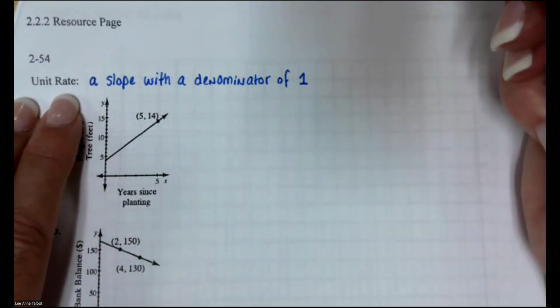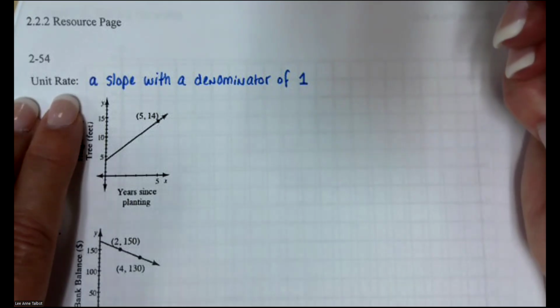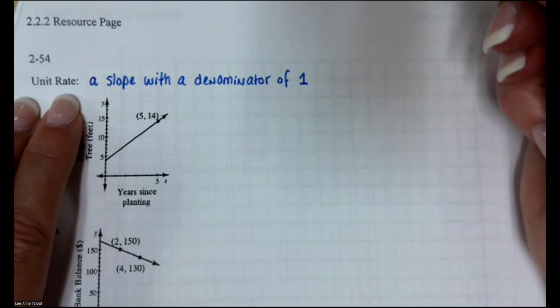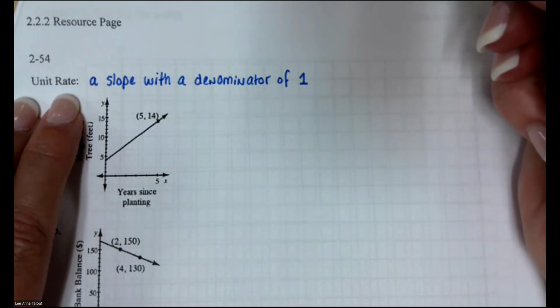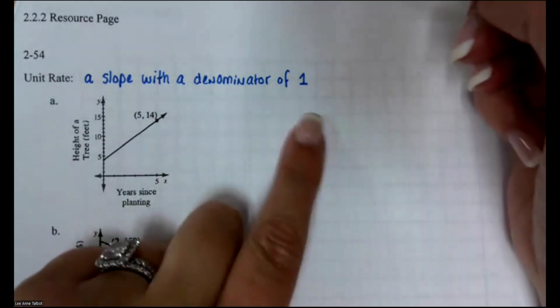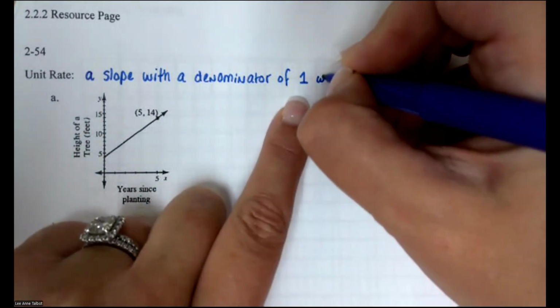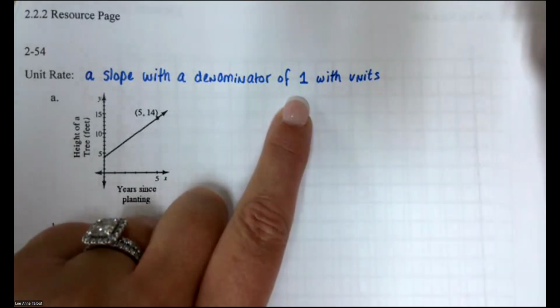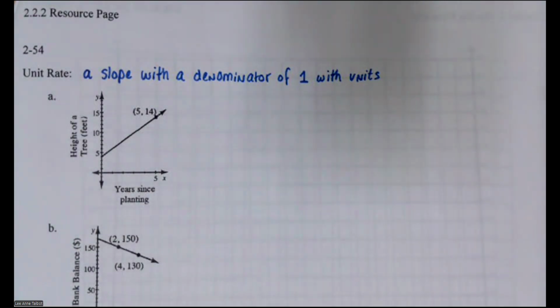You remember how yesterday I did 2 divided by 3 and I got 0.67 and everyone was like, ah, that was the unit rate. I knew you'd remember. Okay, and it also has units, like science units, like meters per second.